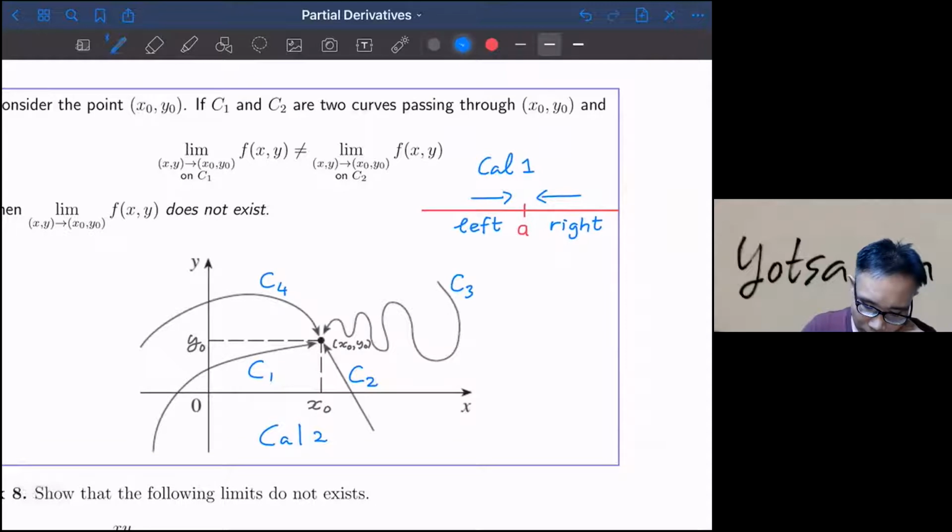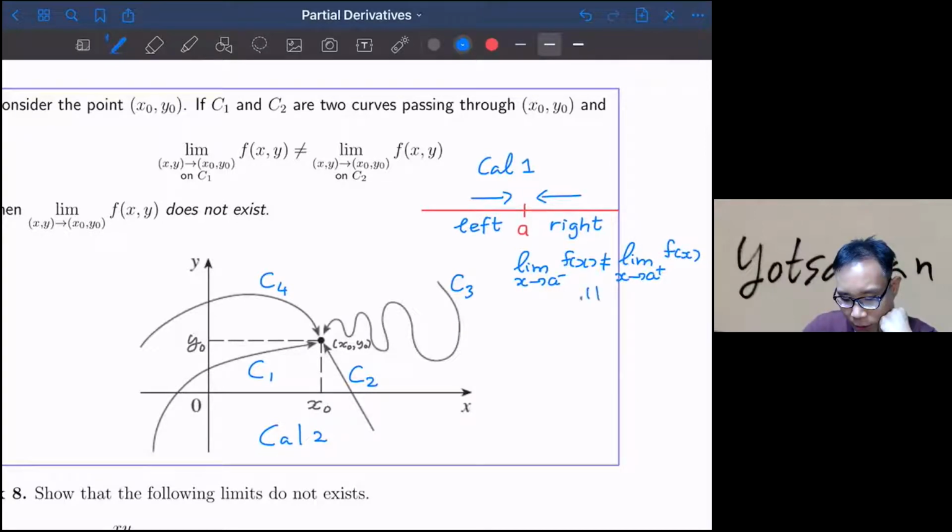If you recall Calculus 1, if you have the limit as x goes to a from the left of f(x) not equal to the limit as x goes to a from the right of f(x), you say that the limit as x goes to a of f(x) does not exist.